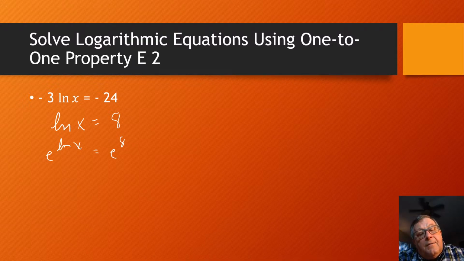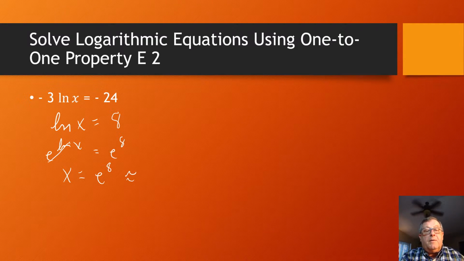The ln and the e cancel out, which leaves us with x equal to e raised to the power of 8, and that might even be a permissible answer. But let's calculate that. I'm not going to use the calculator on the video, but I'll talk my way through it. I hit second ln, which brings up e raised to the power of something, and I put in 8 and hit enter.